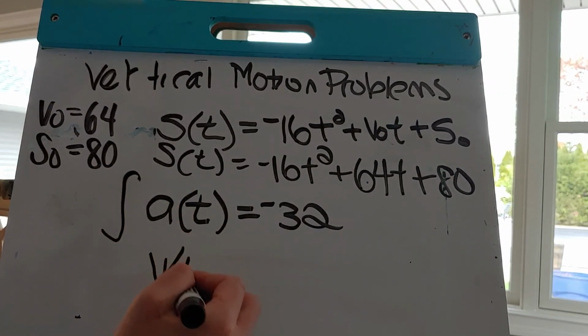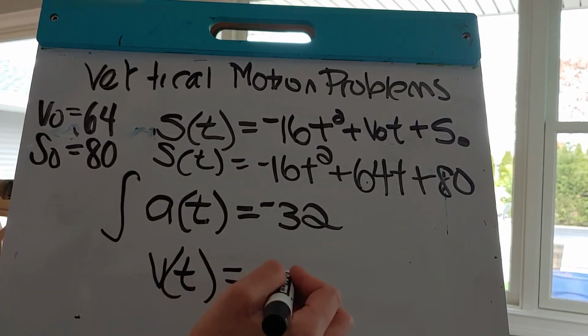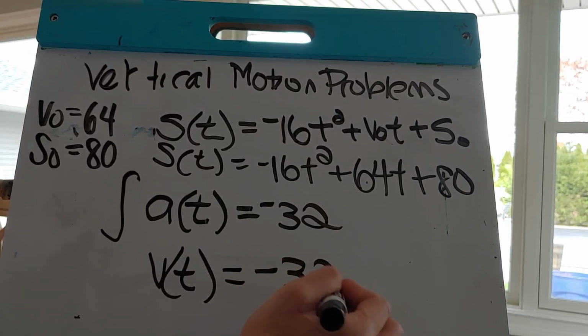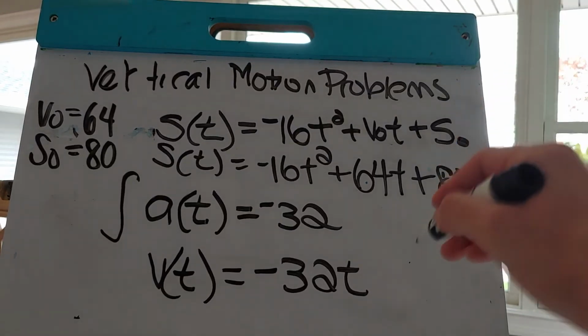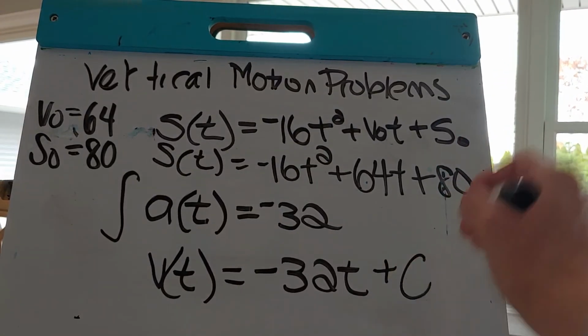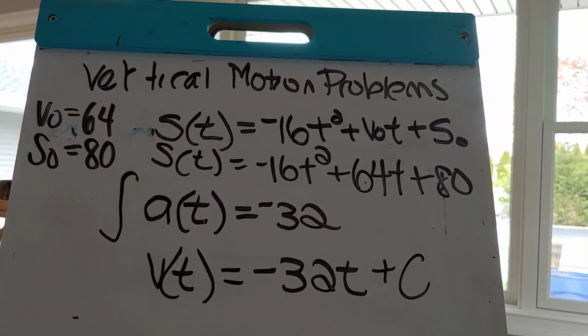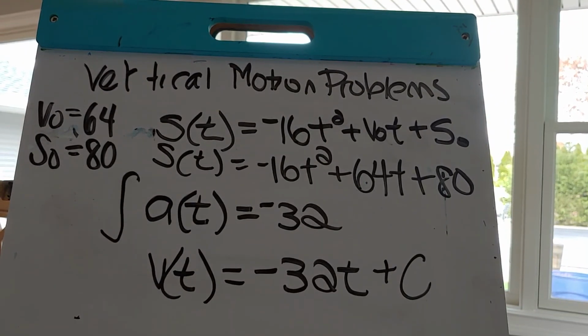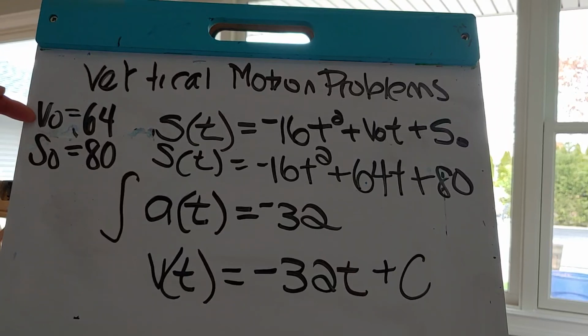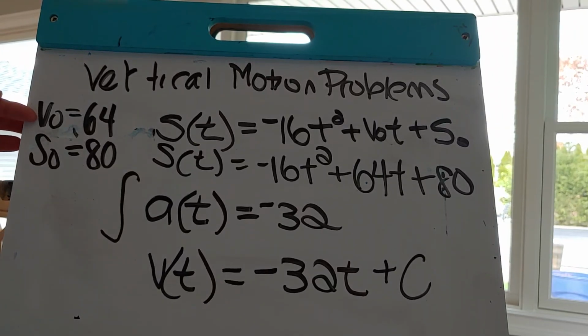All right, so when I integrate my acceleration, I get v of t is equal to negative 32t plus some constant. Now we have some initial criteria here. It says my initial velocity is 64 feet per second.